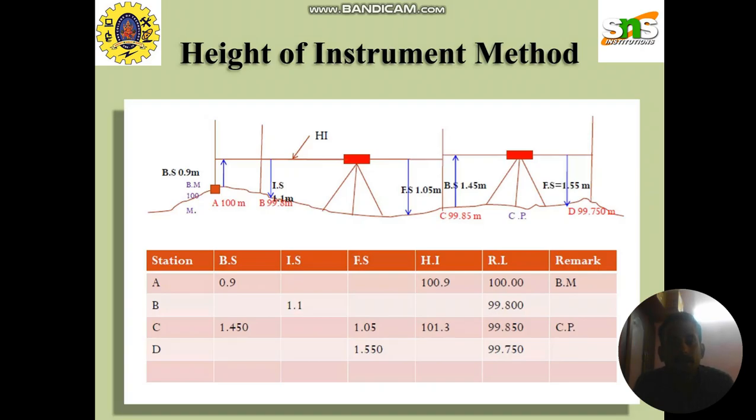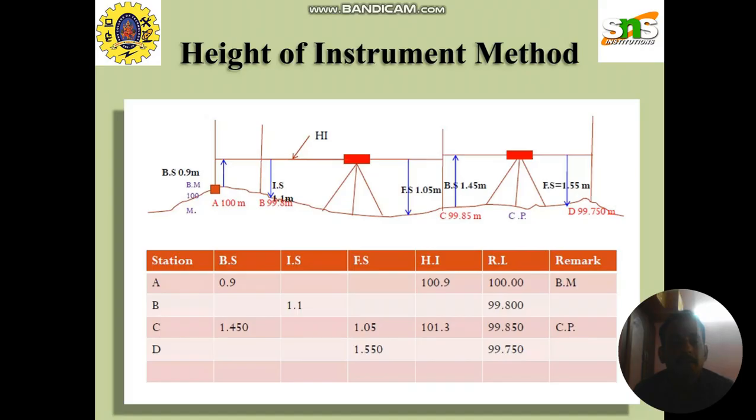So this is the tabulation to determine the reduced level of points using the height of instrument method. The instrument stations are marked as A, B, C and D. The first and foremost reading is marked on the backside, that is 0.9 meter, the benchmark reading.